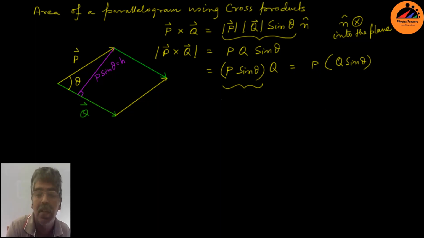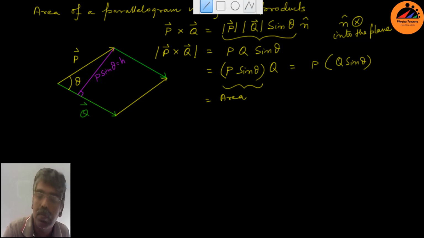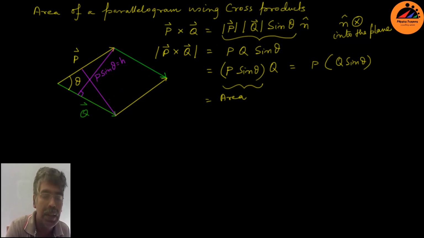Okay, so that's the area. You can do the other way as well. Take q sine theta. What is q sine theta? It's very simple. Drop a perpendicular from q to this p. So in this case, this is q sine theta. Suppose we take this as h1 and this as h2.